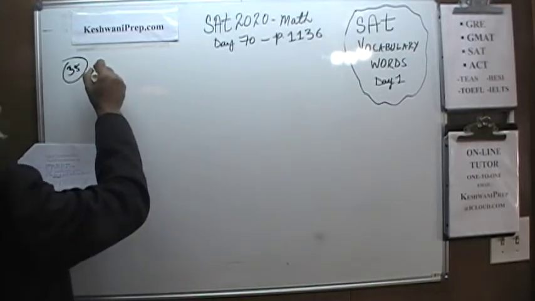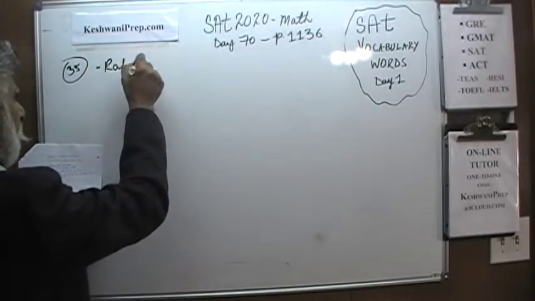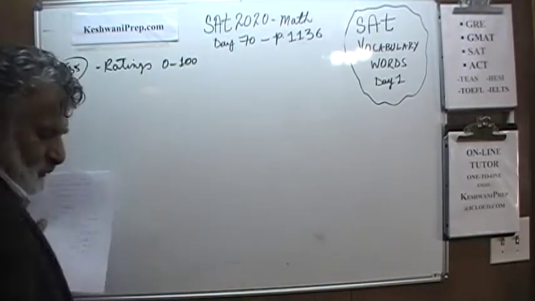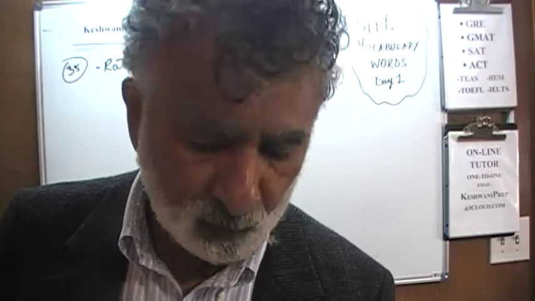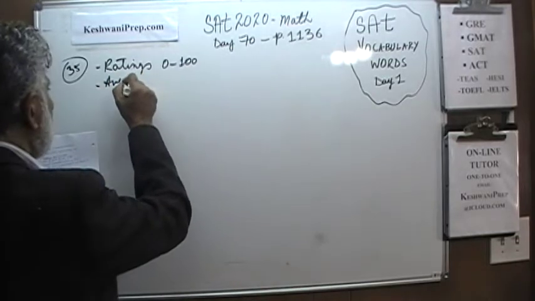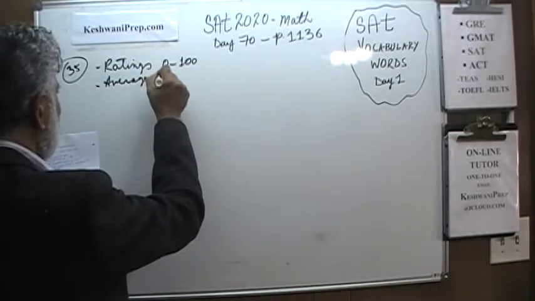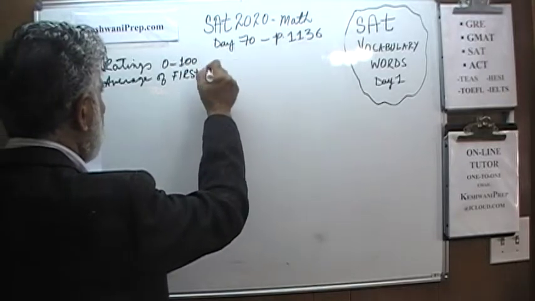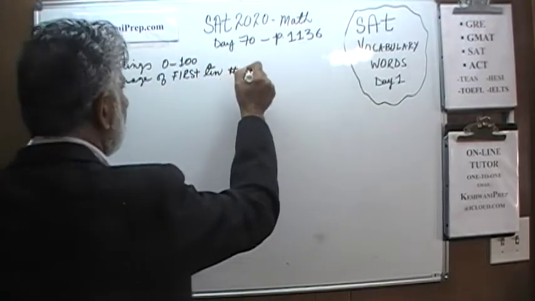It says that we're going to have ratings from 0 to 100. Apparently, a consumer satisfaction online survey is being conducted, and they're going to rate the firm from 0 to 100. We are told that the average of the first 10 numbers is 75.